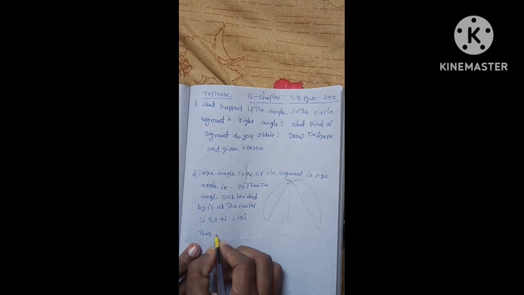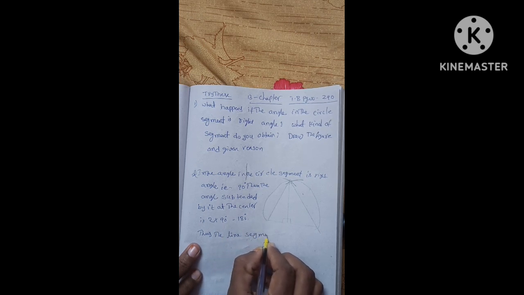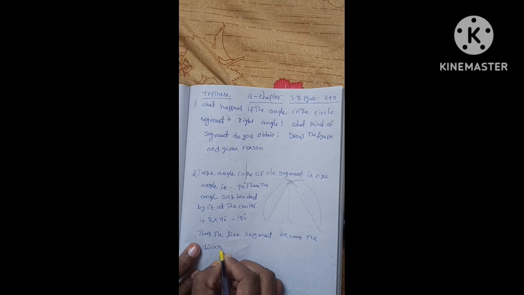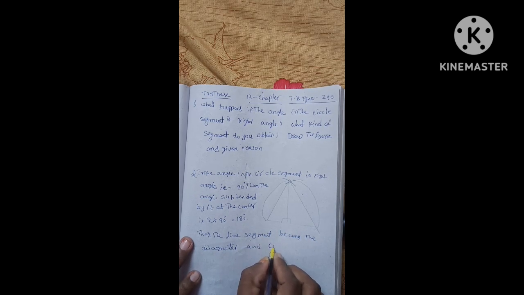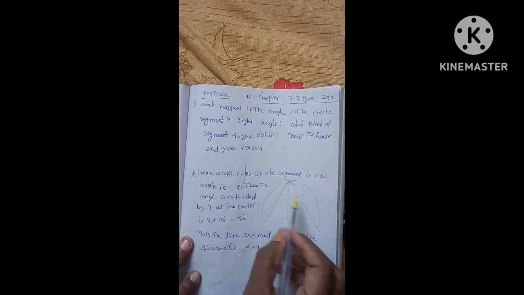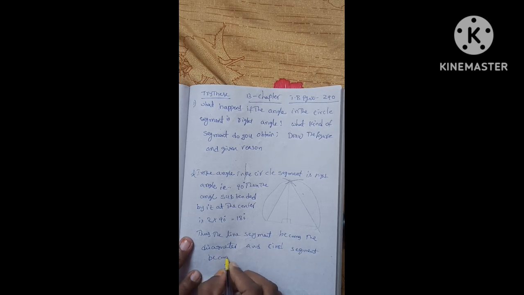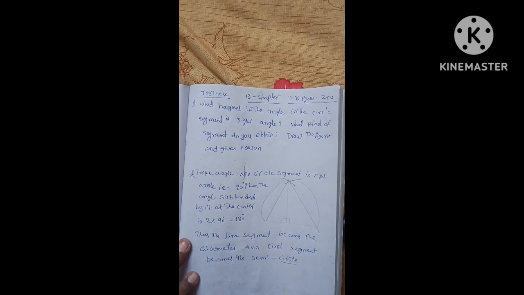Thus the line segment becomes the diameter of the circle. A diameter of the circle is also formed. The circle segment becomes the semicircle, that is looking like a semicircle. That is the reason. Okay.